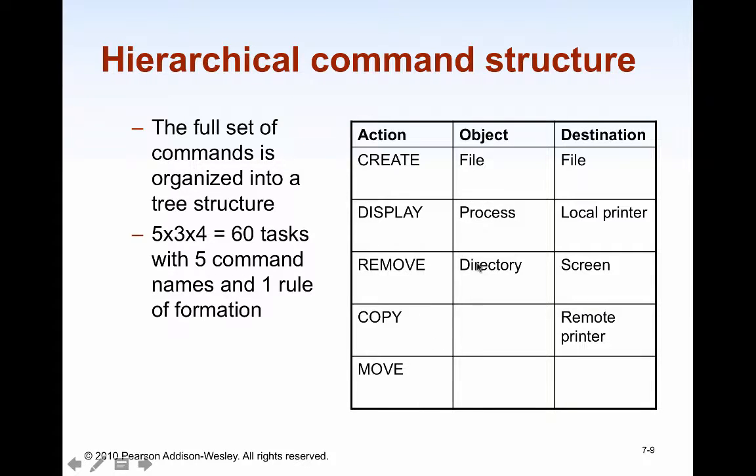So all these actions can happen to all these objects, and these objects could continue for a lot of different things. And we can move a file to a file. We could move a file to the screen. We could move a file to a remote printer. We could copy a file to the screen. There are all these different options. I think you get the idea.